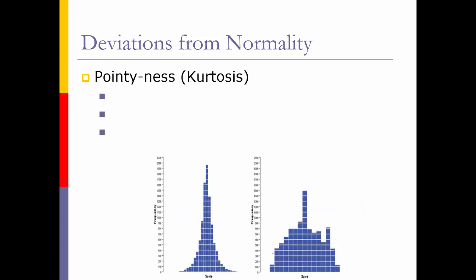The other way we can deviate from normality is kurtosis. And kurtosis is essentially the pointiness of the curve. We can also refer to it as the heaviness of the tail. And there's two ways to really describe this.